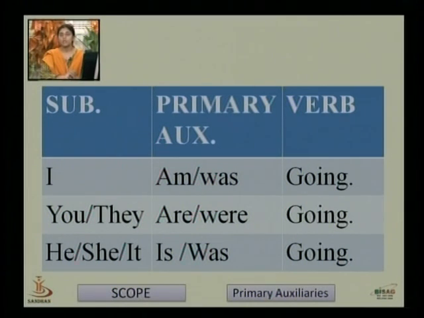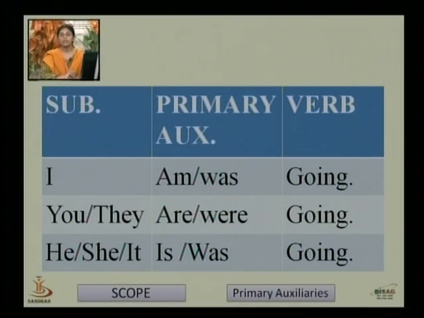Hence, there is a change in the auxiliary verbs as well. With I, we have am or was, and with you and they, we have are and were. So, our condition that auxiliary verbs should change their form, keeping the tense, person and number in mind, is justified. Please read the table further.